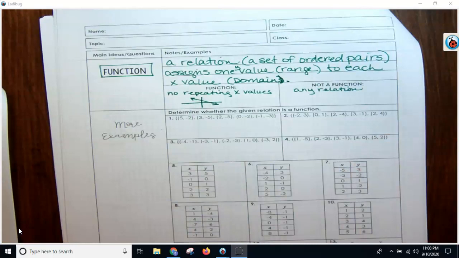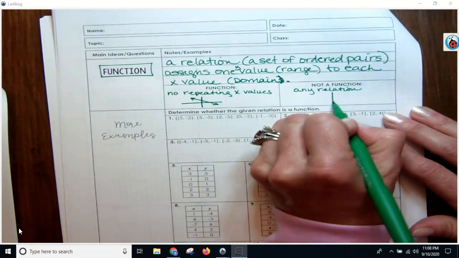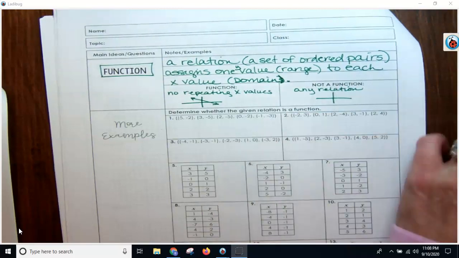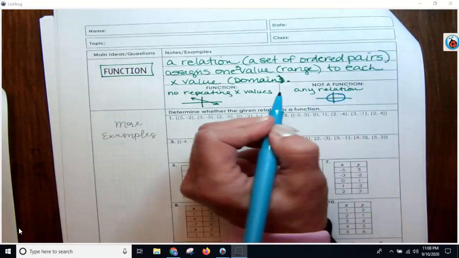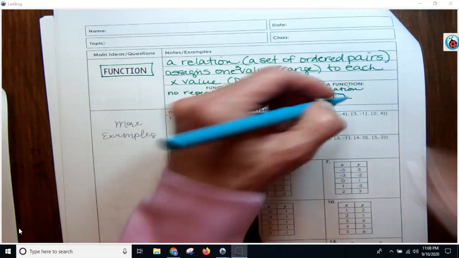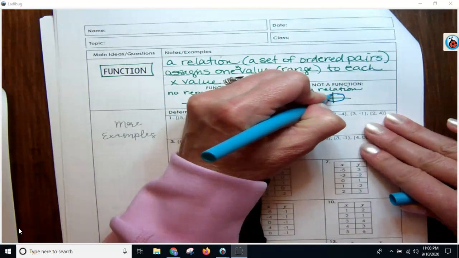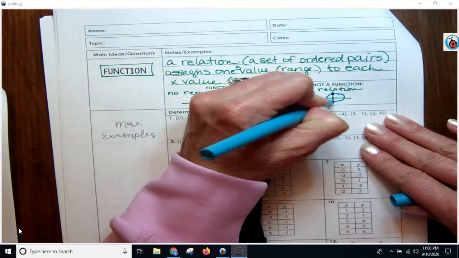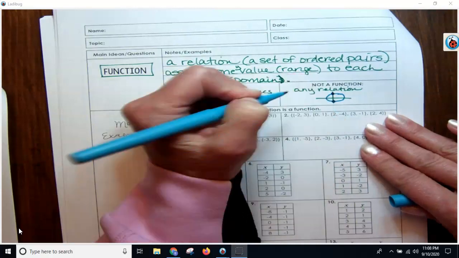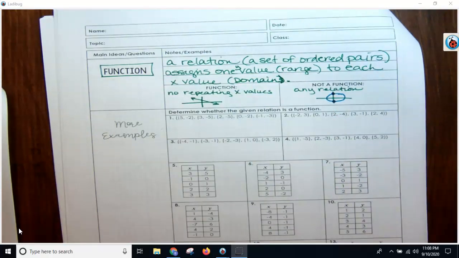A line is one of the ones we're going to look at, but we're going to look at lots of different ones. One thing that would not be a function would be something like this, because at this point you have repeating x values, meaning the x value is associated with this y up here and the x value is associated with that y value down there. We're going to talk about that a little bit more.